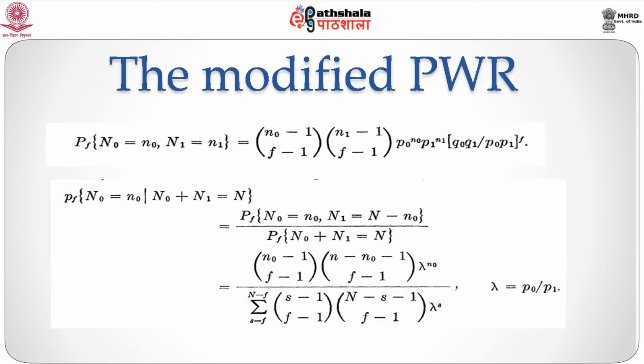Note that the conditional distribution depends only on the ratio of success probabilities lambda equal to P0 by P1. Of course, if lambda is equal to 1, then under H0, this simplifies further into the usual hypergeometric distribution.